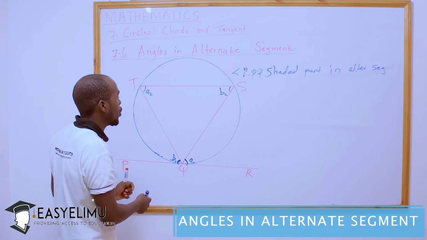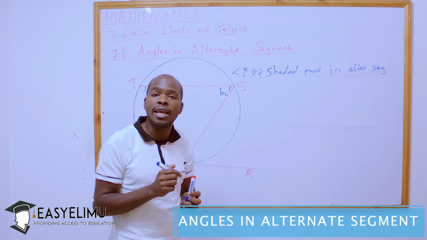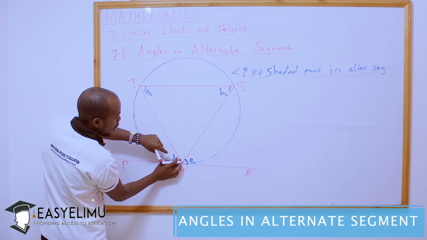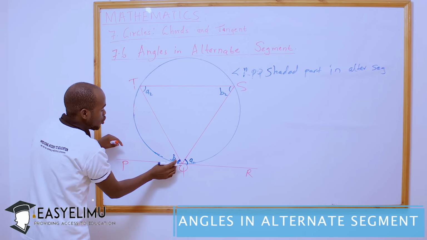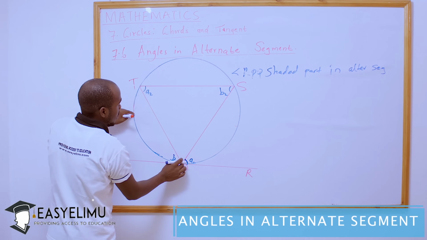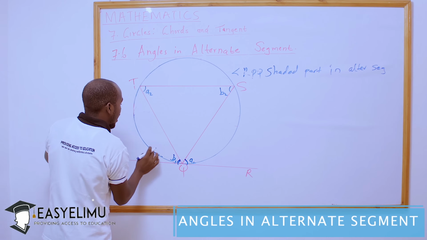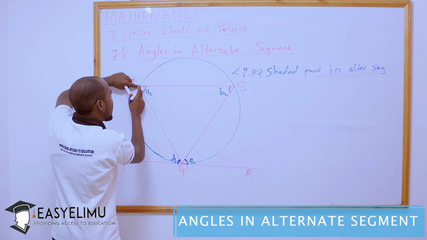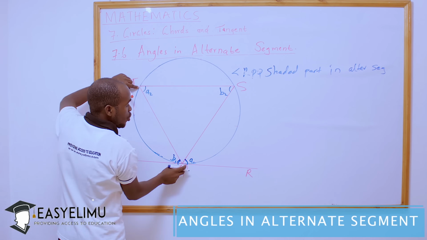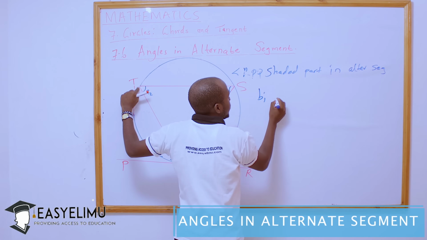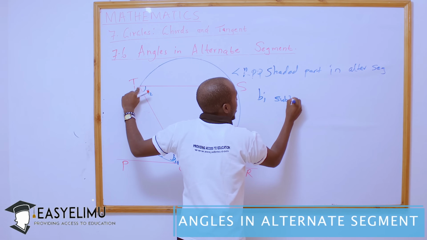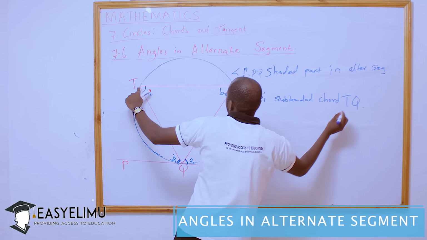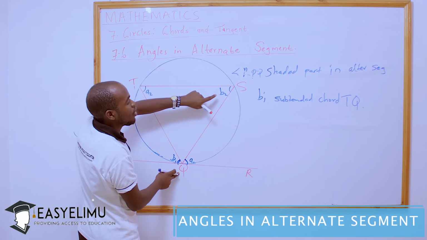For that case, we are going to use the help of arc length or the help of a chord. We shall find that angle B1 here, which we have at this point, since it is in this segment, is subtended by this arc length from T to Q, and at the same time by the same chord, TQ. So angle B1 is subtended by chord TQ, and it will be equal to the other angle there, B2.